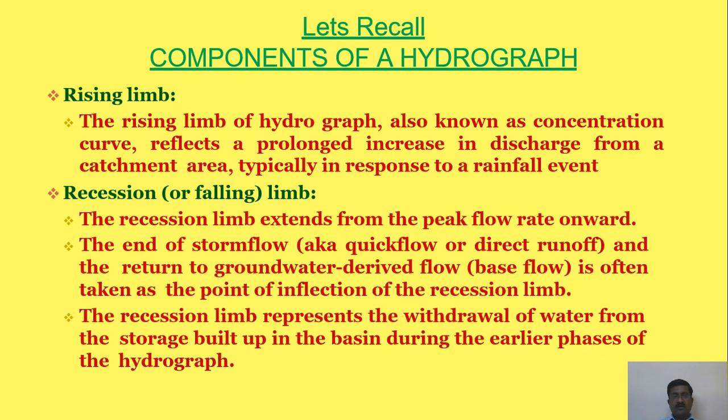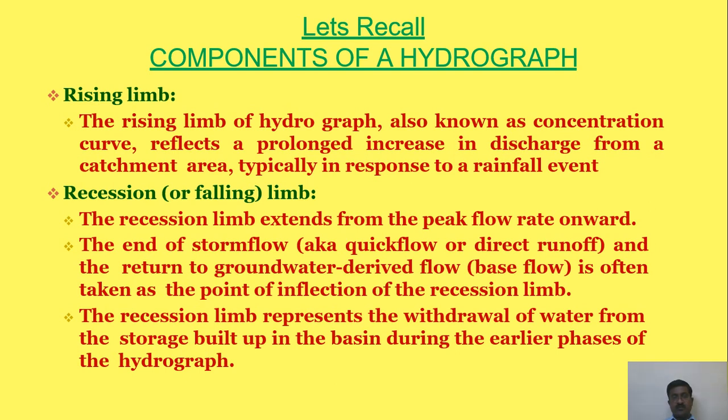Now the components that we have seen, we will just recall to understand the further part. The rising limb of a hydrograph, also known as a concentration curve, reflects a prolonged increase in discharge from a catchment area, typically in response to a rainfall event.